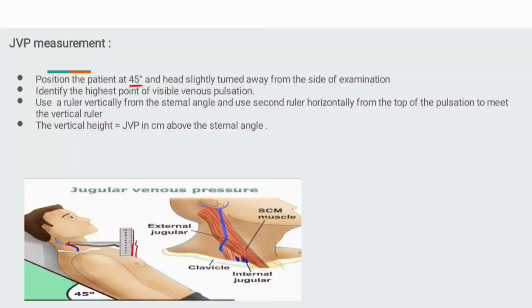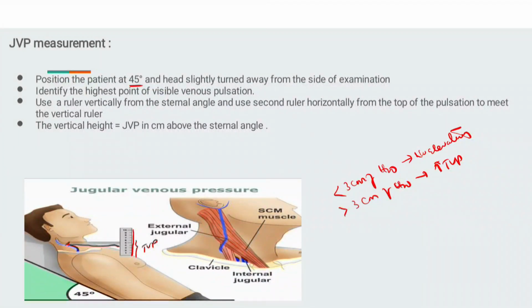Then this value gives the JVP. If it is less than 3 centimeters of H2O, it means no elevation. If it is more than 3 centimeters of H2O, it is raised JVP.